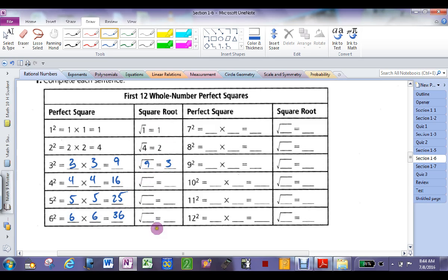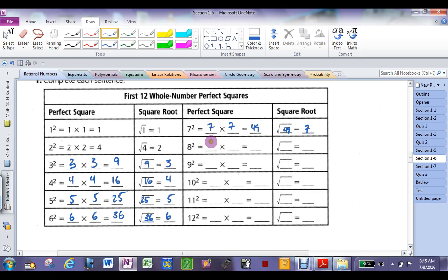But this column right here is a real good column to know. It really helps to know all the square roots up to 100. You actually should know it up to 400, but I don't know how many of you would take the time to memorize that.